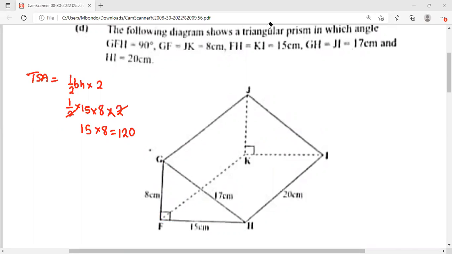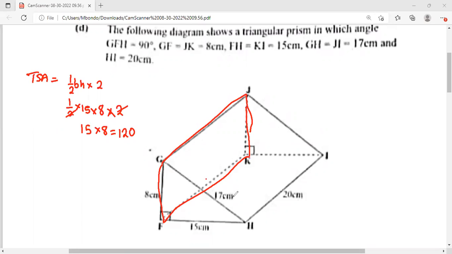Then we now have to go ahead and find the area of one of these sides. Let me go to this one. We have this other side here. What is the area of this one? Look at it. It is the length, which has got 20.